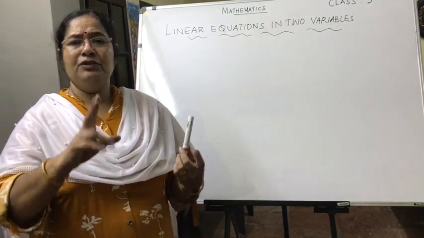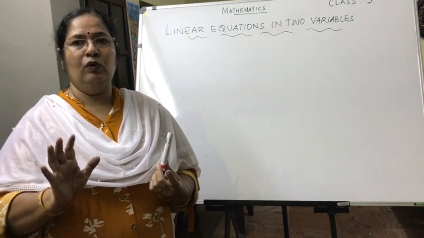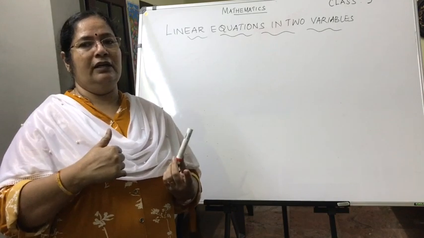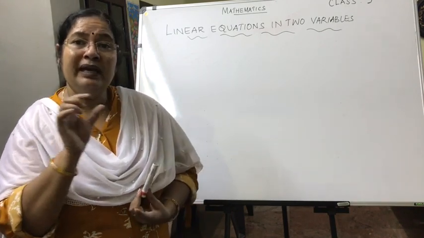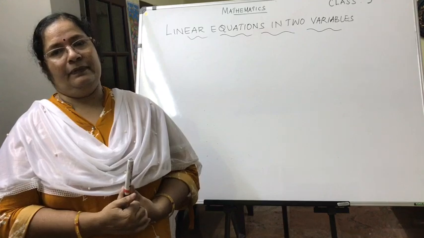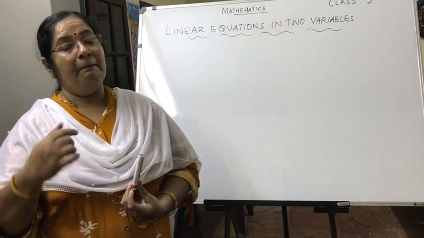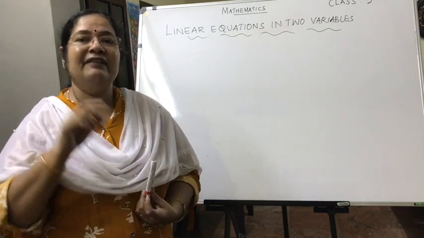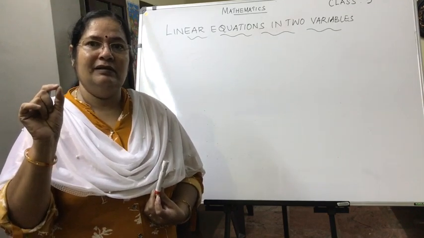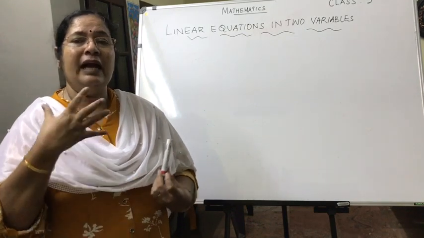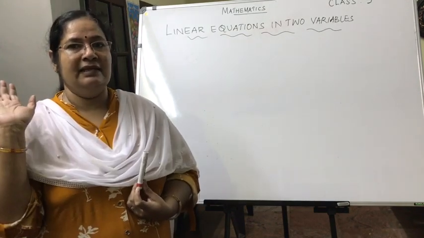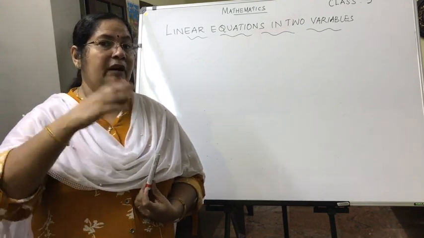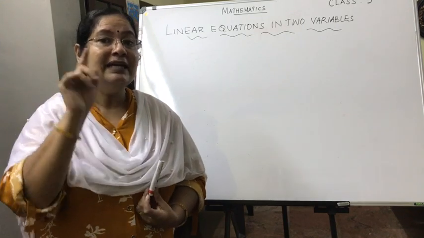See, nothing else is given, only two numbers I know. What are they? 4 and 40. 4 years back, my age was 40. So how will I make it an expression? What you will do is take my present age, what age I am now, as a variable. That only you are going to find out. So I may take my present age as, say, X years. 4 years back means from now 4 years back, so you will be subtracting.